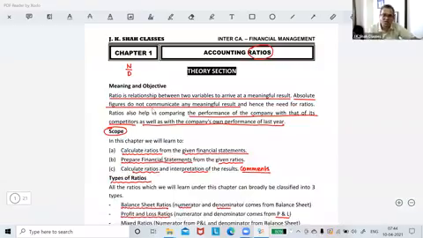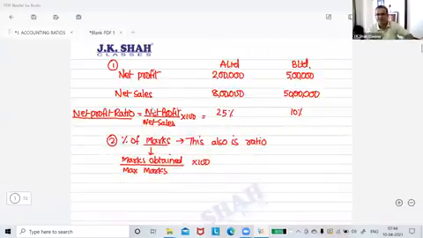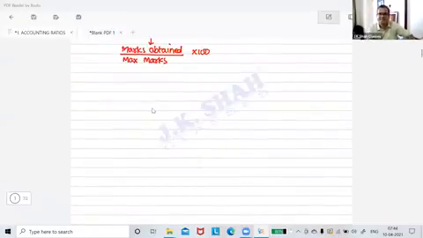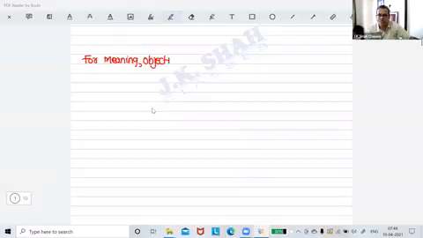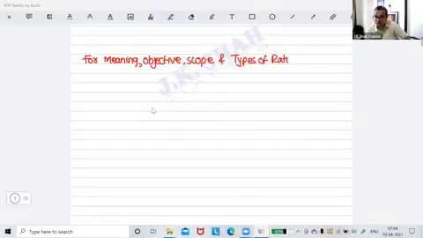You wrote it? Accounting ratios. And there you write like this: meaning, objective, scope, and types of ratios.